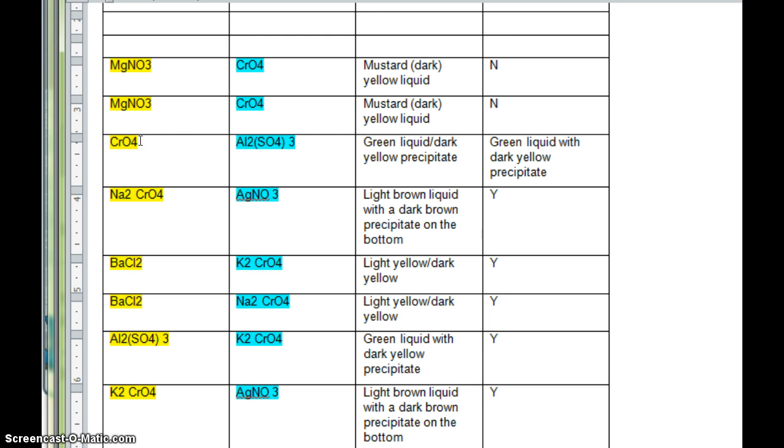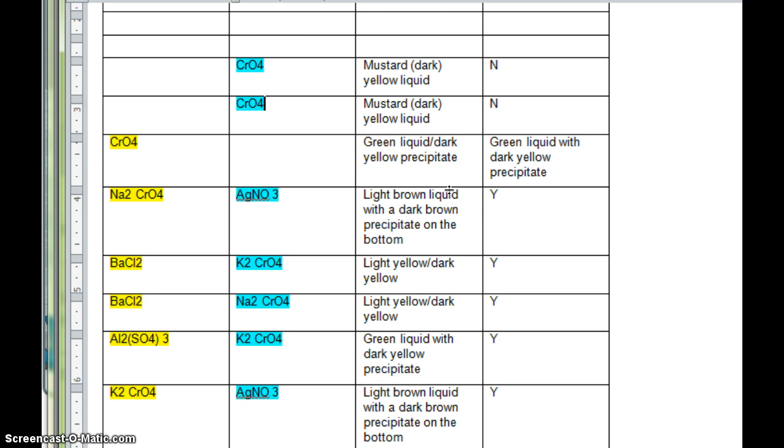Is chromate, CrO4? Yep, so we got to hang on to that. And now we're checking for the magnesium and the nitrate. So nope to aluminum. There's no magnesium, no nitrate. So that tells us that chromate, this polyatomic ion, which is CrO4, is what gives us the yellow. So it's kind of cool how we can look through that then.